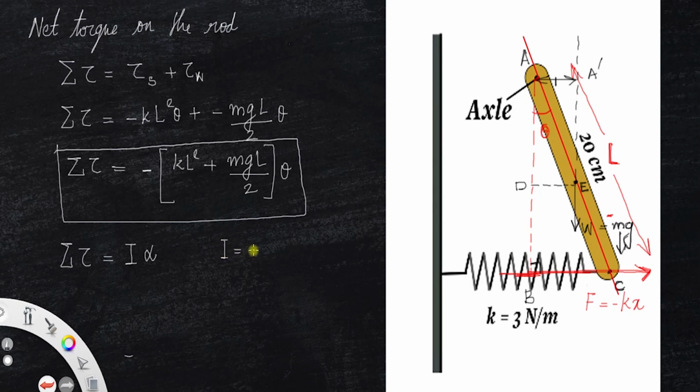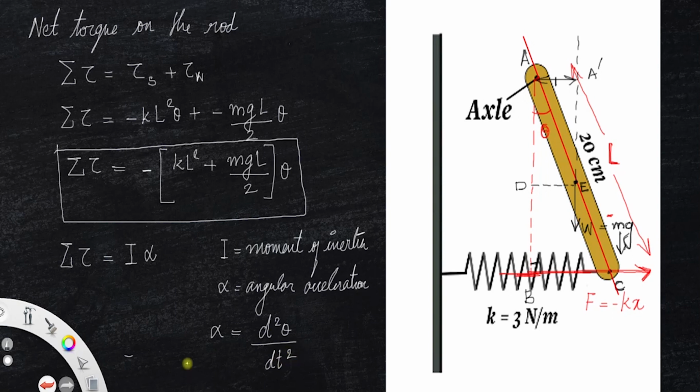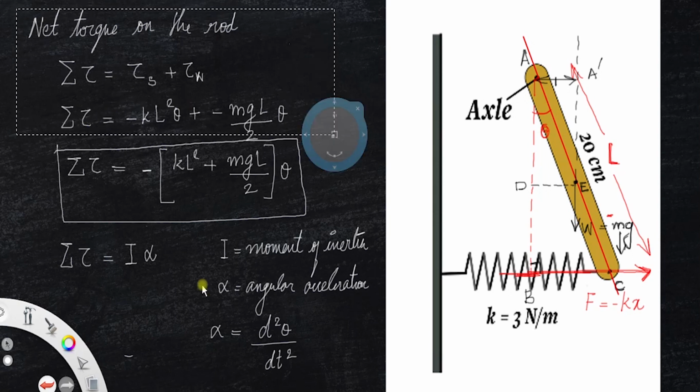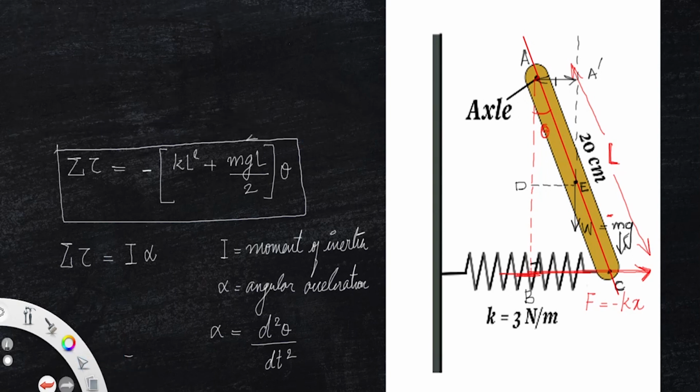Here I stands for the moment of inertia of the rod, and alpha is its angular acceleration. Again, we know alpha is actually the second derivative of the angular displacement, which is d square theta by dt square. So this can also be written as I alpha is equal to sigma tau.